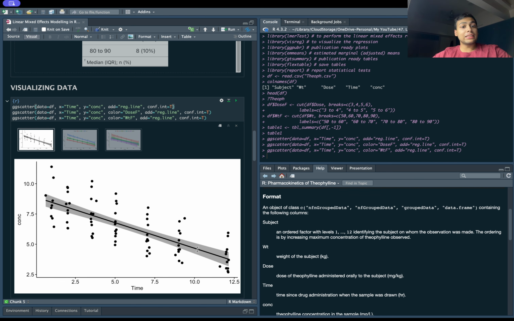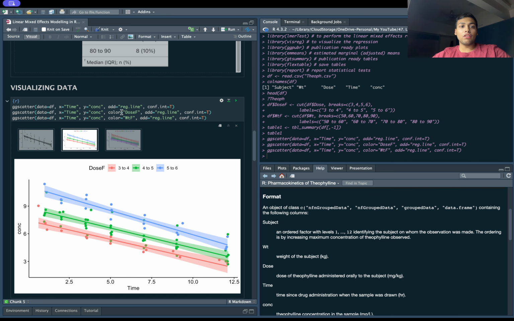But this data set is pretty good, and this is why it's very important to visualize our data first before diving headfirst into any sort of modeling. Very important to visualize data. Now let's see the effect of dose on concentration.